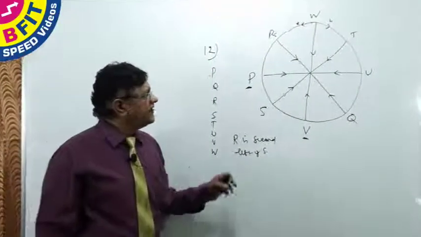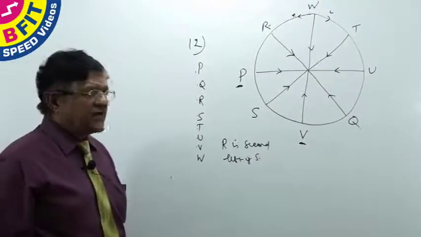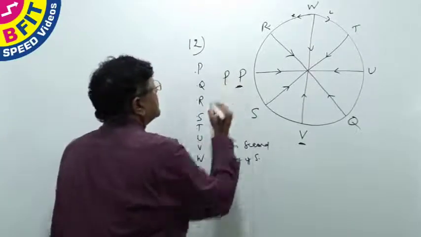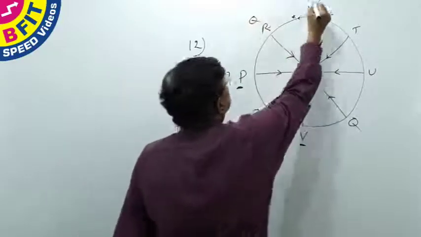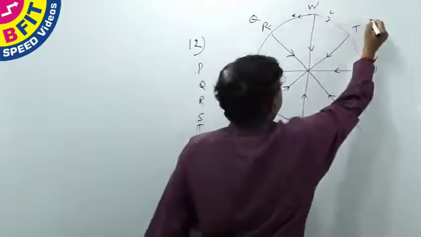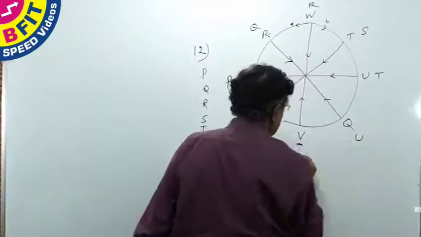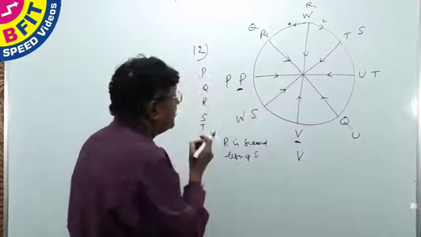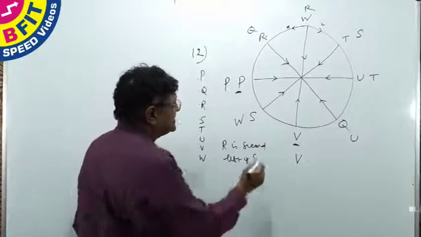Now this is our earlier drawn picture. We have to see it from P onwards. Here it is P, Q, R, S, T, U, V, W. Now how many positions remain other than P? Whose position is remaining unchanged?